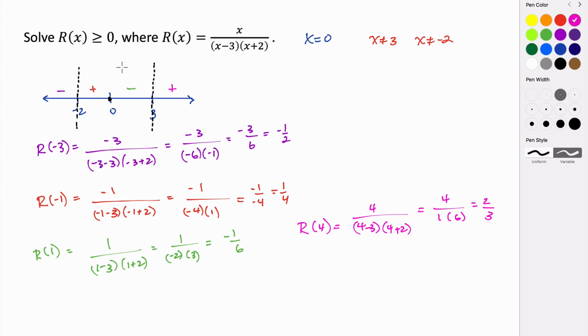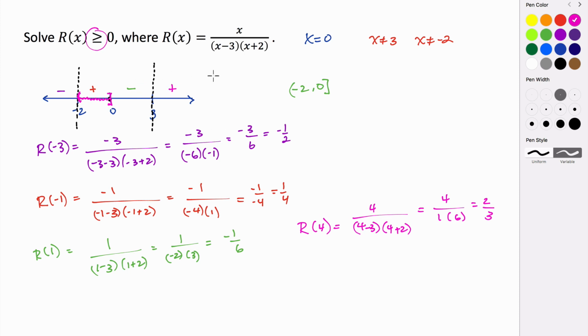But at a vertical asymptote, we can never actually reach that value, so we have to use parentheses there. At 0, we're looking for where it is greater than or equal to 0, so we are allowed to equal that, and we use a bracket. So the solution for that part is from negative 2 to 0, with a parenthesis at negative 2 and a bracket at 0.